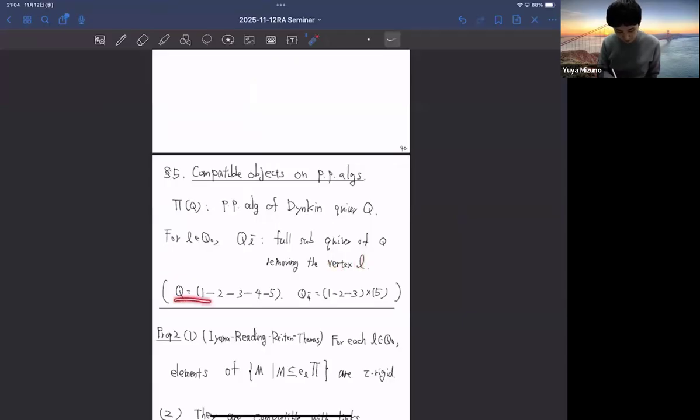For example, if we consider this one, type A5, then take, for example, 4. Just remove this vertex and the associated arrows, then we get this quiver. It's not necessarily connected, but it's fine. We get two other quivers, which are type A3 and type A1.